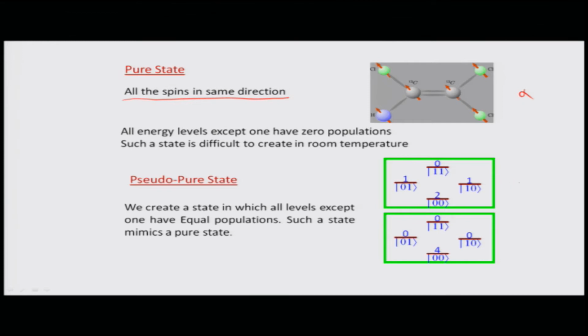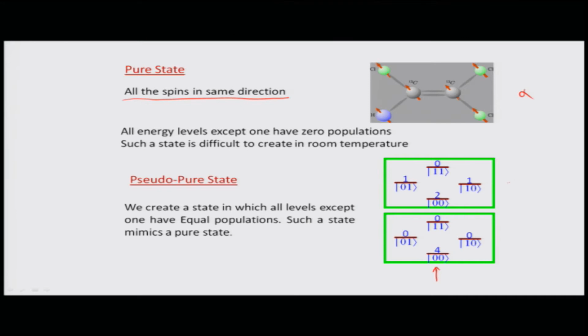So, if you are talking about the 2 spin case, you would like all your 4 states to be at the 0 condition. The pseudo pure state is the one where we create a state in which all levels except one have equal population.